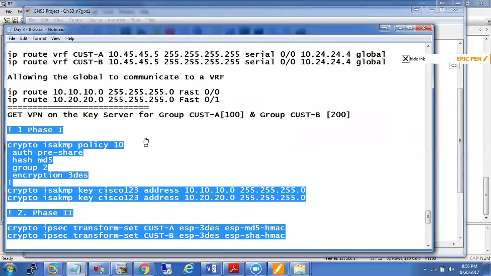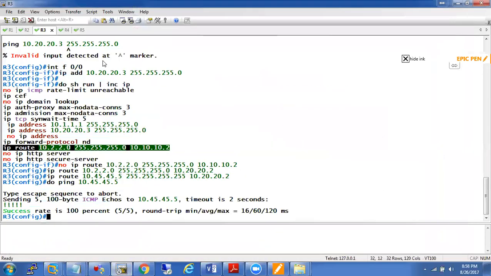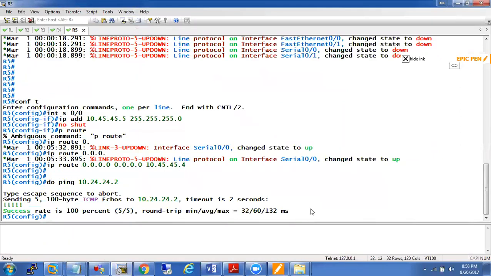So I'll copy this and paste it to R5. In case we had 2 different VRFs, 1 per group, on the KS, do we need to specify the VRF under the crypto GDOI? Yes, not in the GDOI, the key at the top.